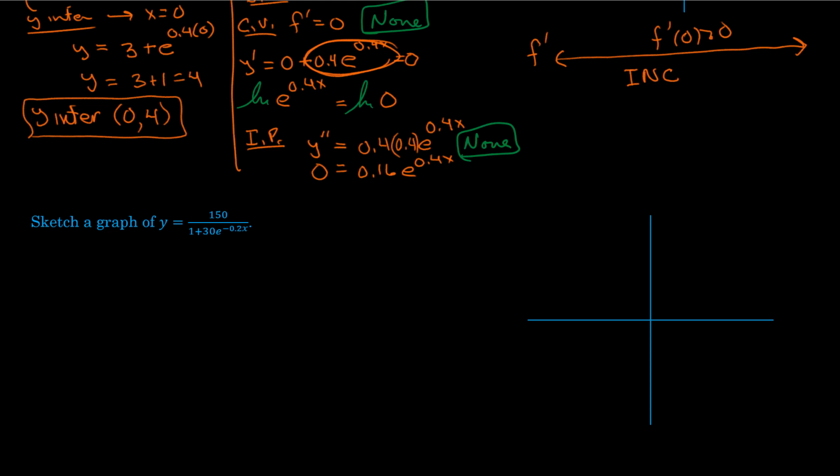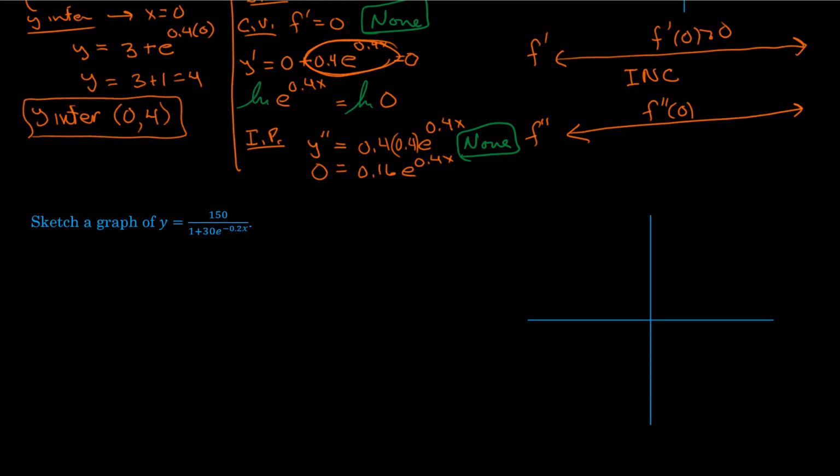It also allows us to evaluate our second derivative over the interval from negative infinity to infinity because there are no changes in the concavity. I can evaluate the second derivative at any value I want to.